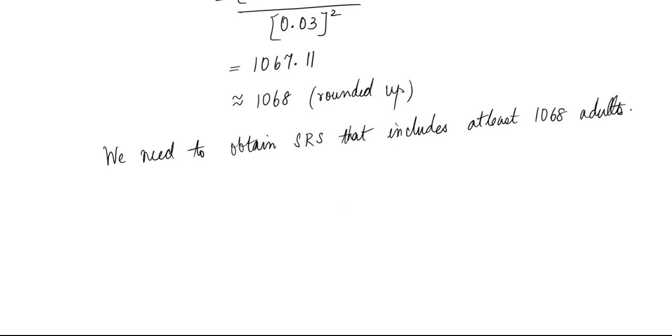The more, the better. This is the minimum. If you want to do 2,000 adults, really good, because then you have expanded the minimum requirement, and you can be assured that you will provide reliable information because your sample size was larger.